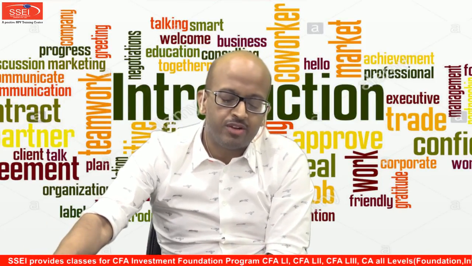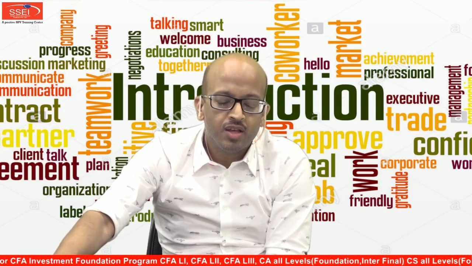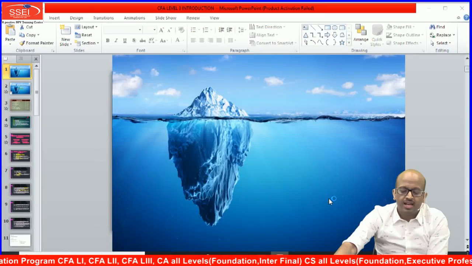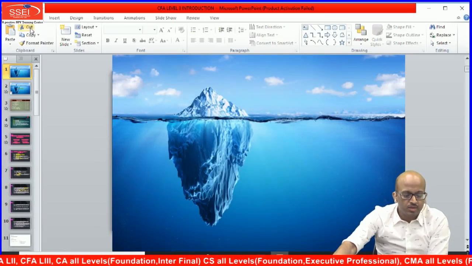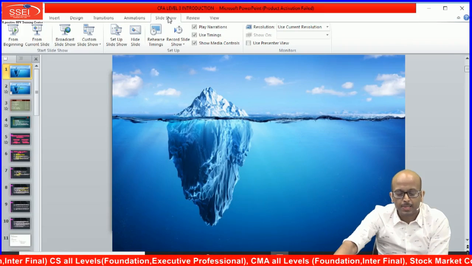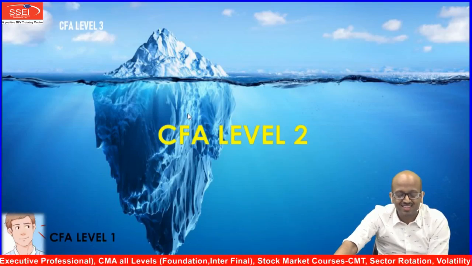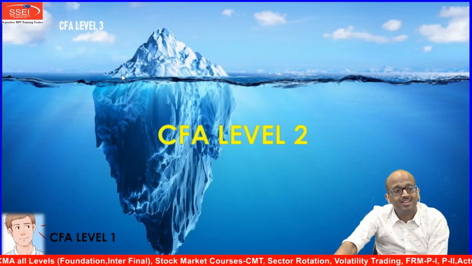Even for the introduction class today, I have this slide framework over here so that you can refer to whatever I said, because I have included everything which I have said. So this is first of all a strange diagram in which I am trying to give you respect of level 3.